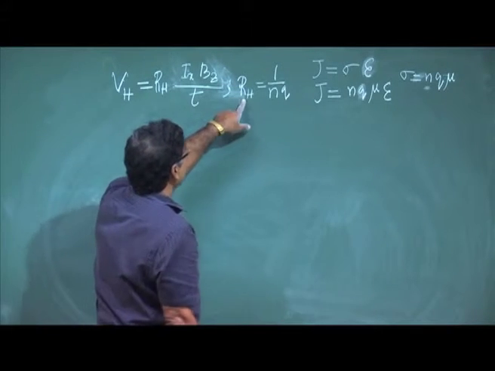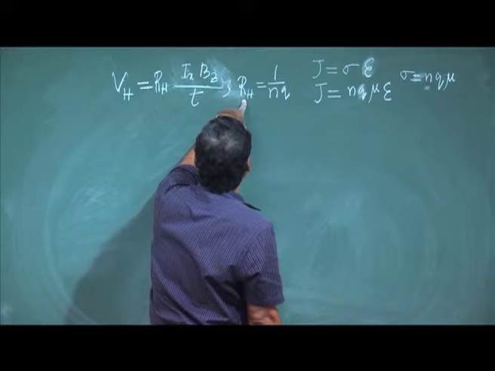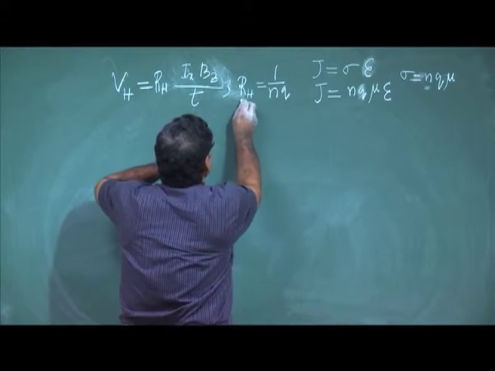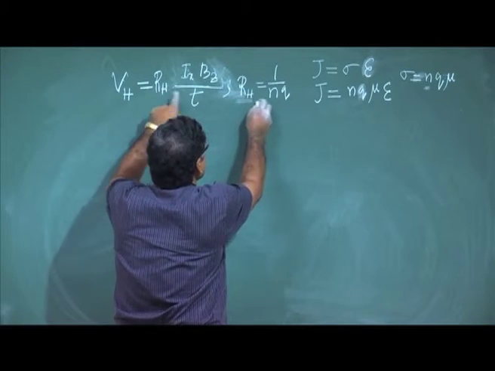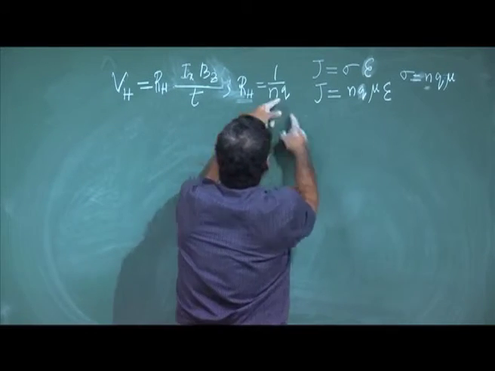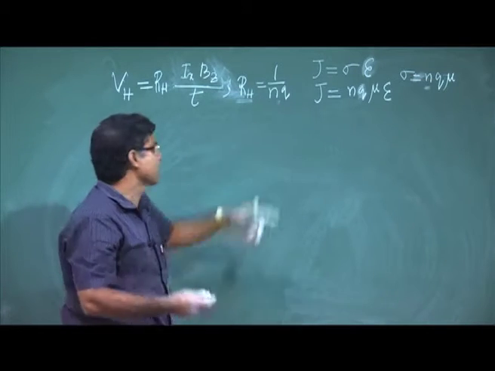So, if I can know the RH, then I will know the density of electrons.